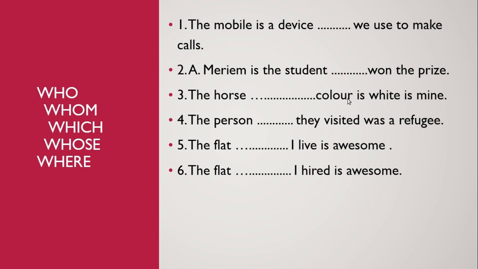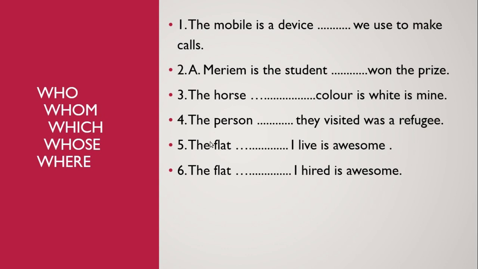We have color here, remember, so color is a noun. Number 4, the person whom they visited was a refugee. Whom, remember, we have here the pronoun they.